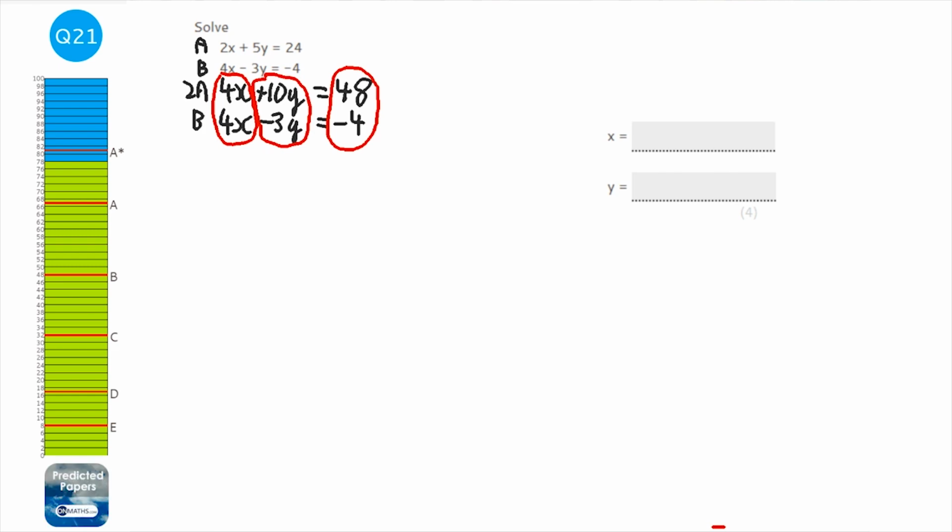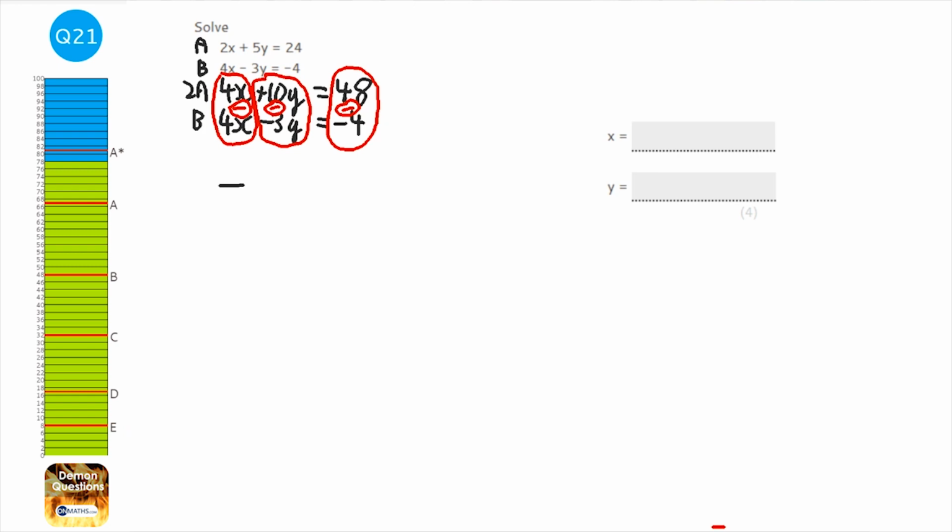Now if you think about it, with 4x and 4x, how do we get rid of them? We're either going to add or subtract them. Well, we're going to have to subtract them, because if we add them we get 8x. And if we're subtracting those, we're subtracting everything else. So we end up with nothing here. Okay, there's nothing. 4x take away 4x is nothing.